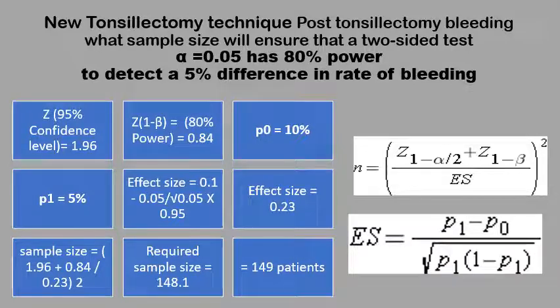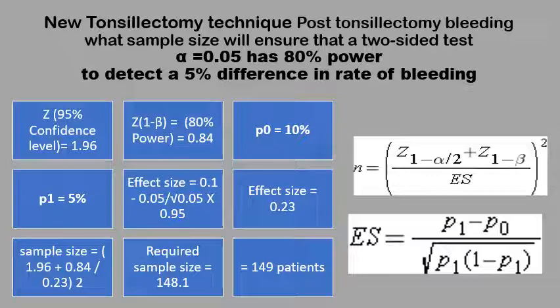For this study, we choose a p level of less than 5% and a power of 80%, and we want to detect a difference of 5%. So these are the figures that we are going to plug into the formula, and this is the formula to find out the required sample size for such a study.